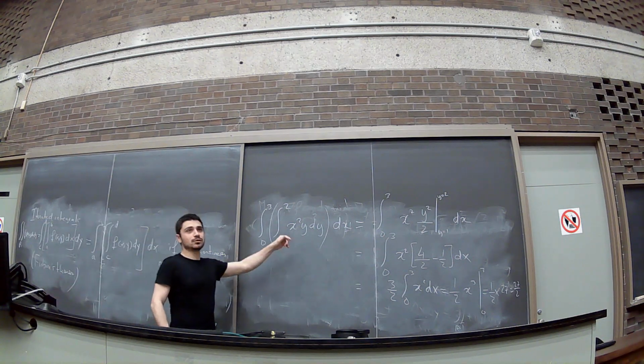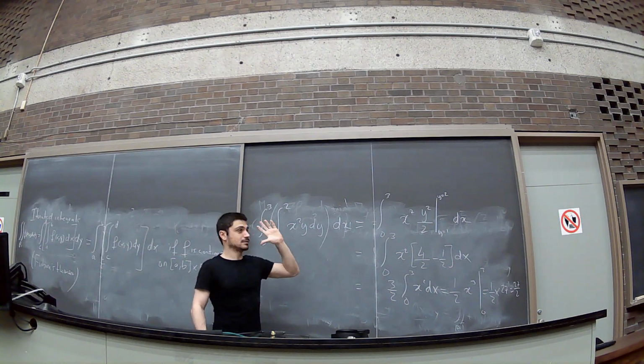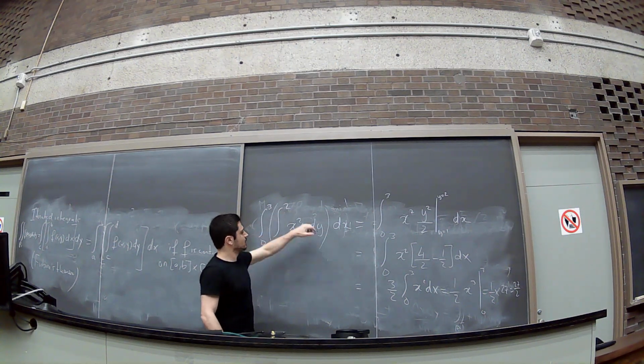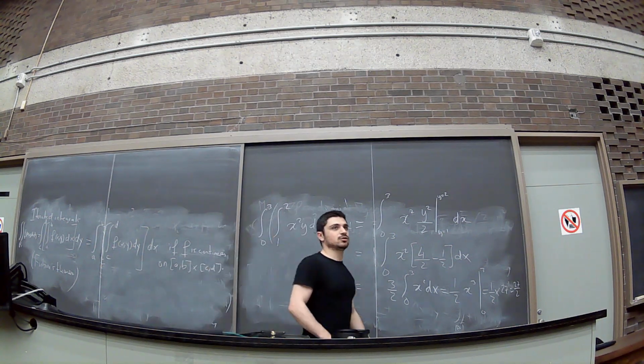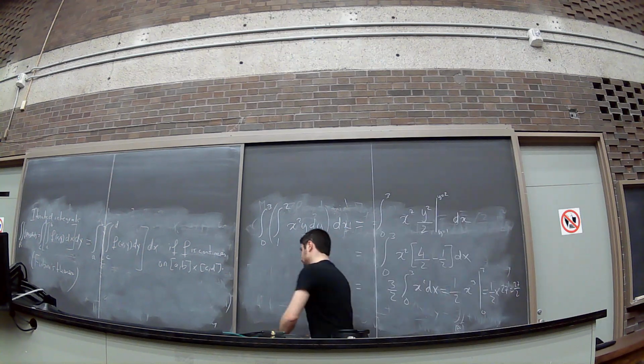Great. Now if I flip the order of integration, x will be going from 0 to 3, and y will be going from 1 to 2. What is the answer that I should get? I should get the same answer. Let's try and check this.